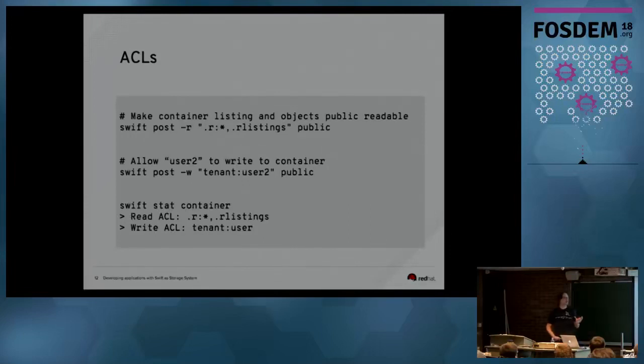You can also differentiate between these users on a container base. So, for example, you could have one container per user, and each user is only allowed to write into his own container within that account. And if you want to have a look at the current ACLs that are set, you can, for example, use the Swift stat command using the container name as a suffix, and then you get back the read and write ACLs.